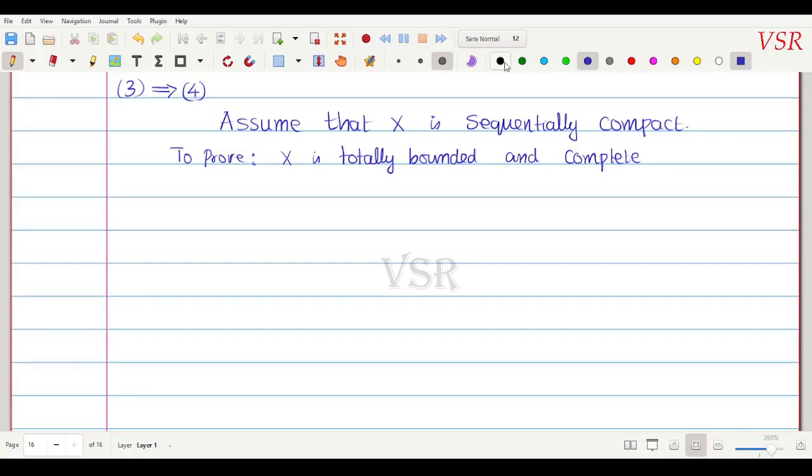We have already completed a theorem: X is totally bounded if and only if every sequence has a Cauchy subsequence. So I am going to use that idea here. First claim, X is totally bounded.